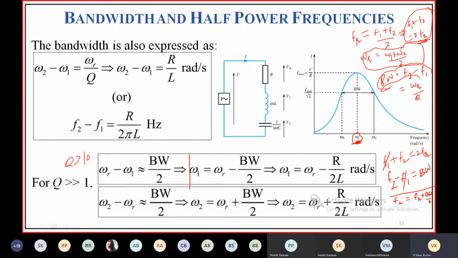So omega 2 is equal to, or F2 is equal to omega r plus bandwidth by 2. Similarly, you can get F1 from these two equations. Then omega 1 is equal to omega r minus bandwidth by 2.